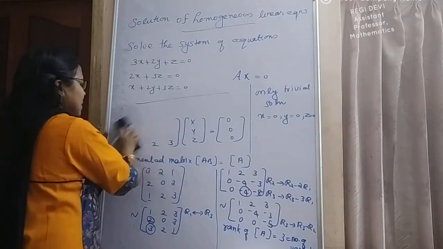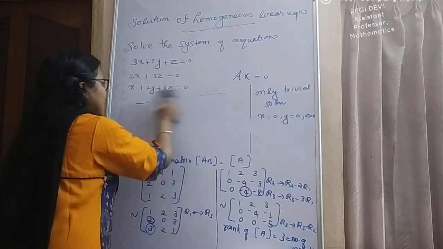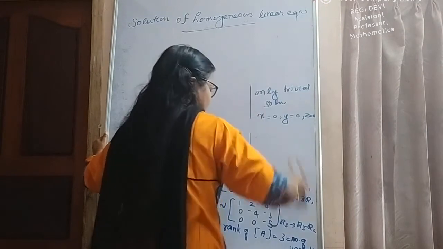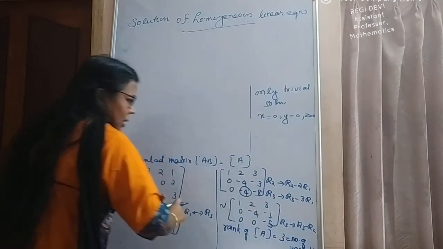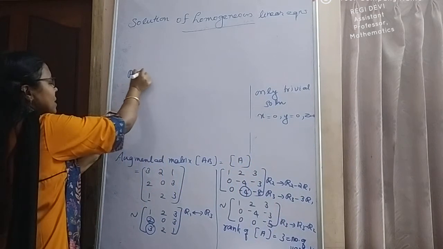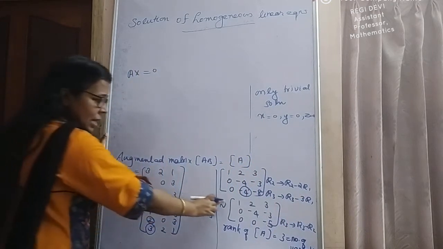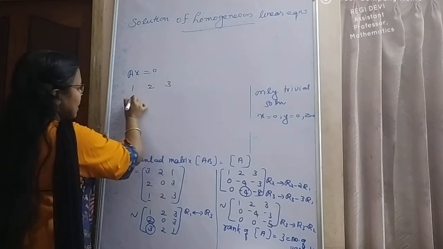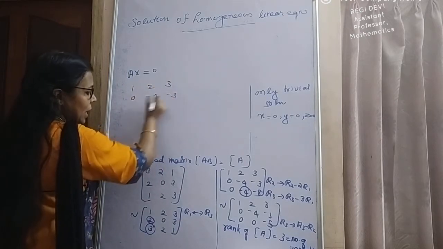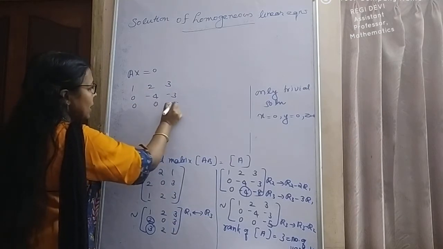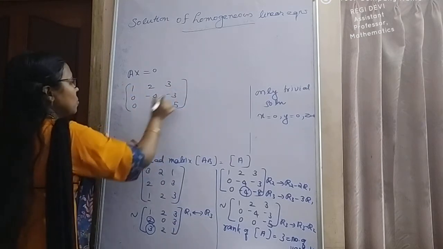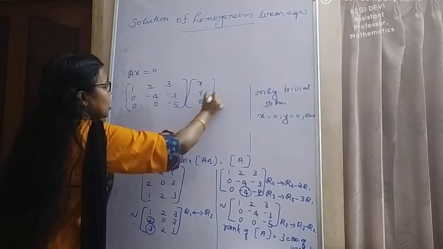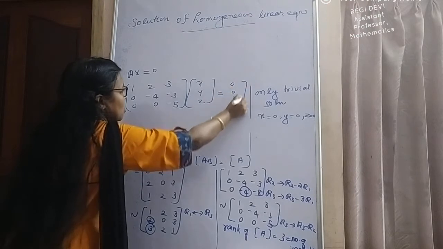We are going to verify this. Our matrix form is Ax equal to 0. Matrix A is reduced into 1, 2, 3; 0, minus 4, minus 3; 0, 0, minus 5, multiplied by x, y, z equal to 0, 0, 0.